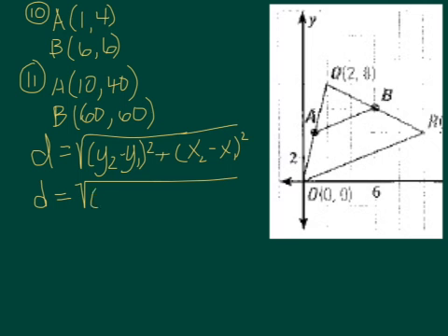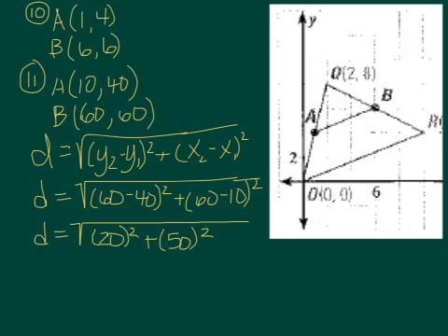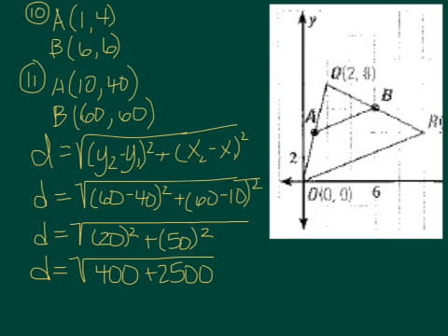So I've got 60 minus 40 squared plus 60 minus 10 squared. Let's go ahead and do that math. 60 minus 40 is 20, and 60 minus 10 is 50, and we're going to square each of those. 20 squared is 400, and 50 squared is 2,500, and we'll add those together and take the square root.